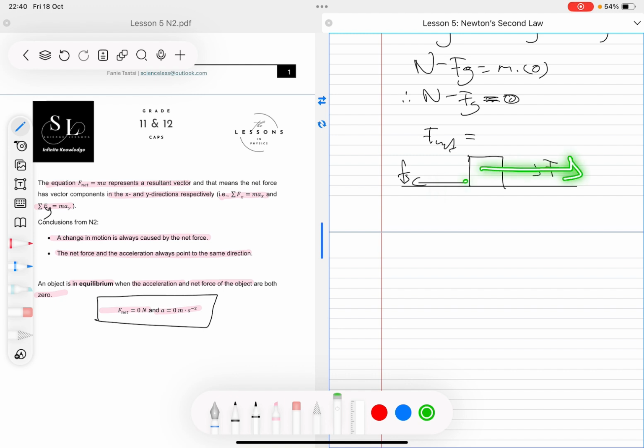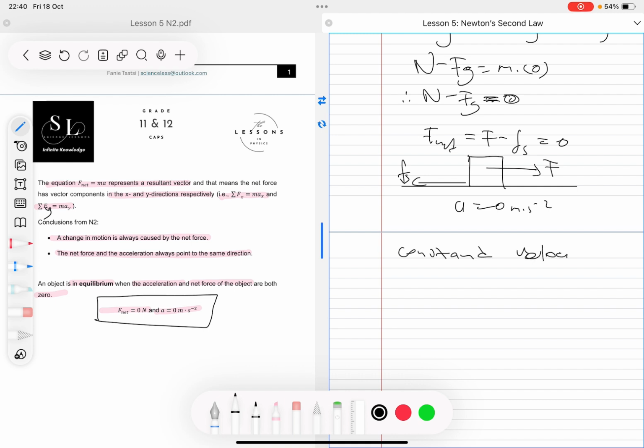Because if this is greater than this, then the object will move in that direction. It will have an acceleration, right? So for them to be equal, it means this object does not move. So if here I say F minus Fs, I should get 0, because the net force is 0. It means also that the acceleration in this case is 0 meters per second squared.